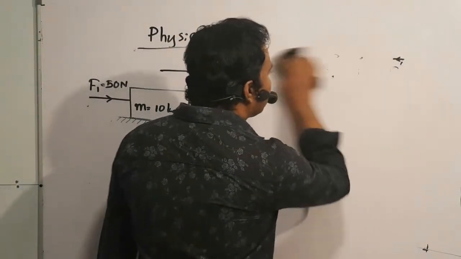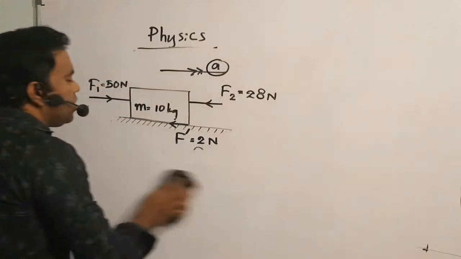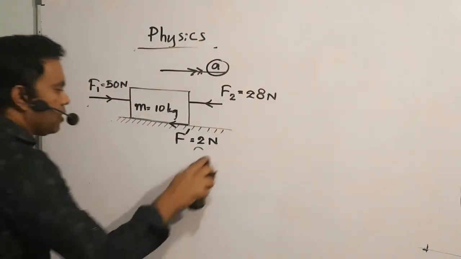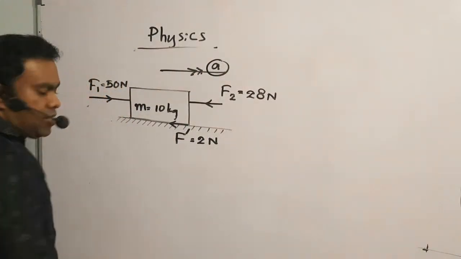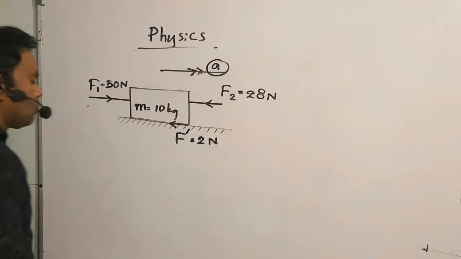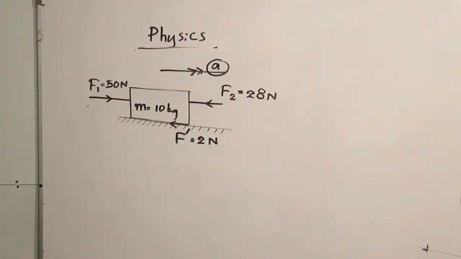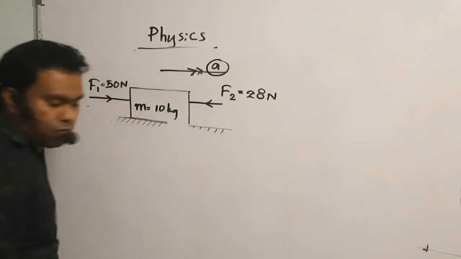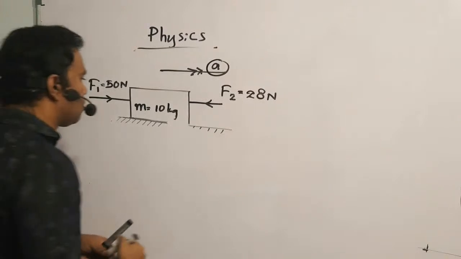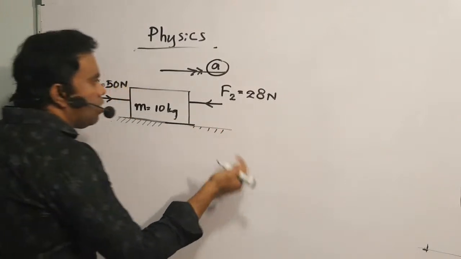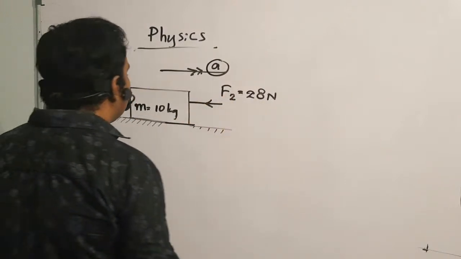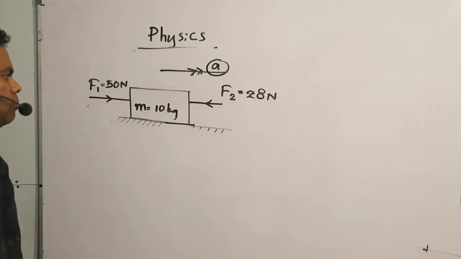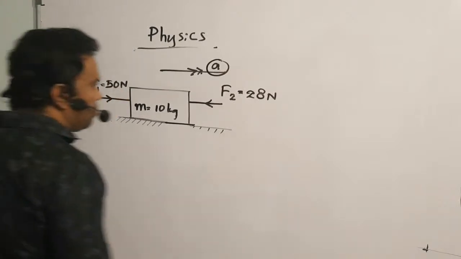Okay, the same question may appear in your exam in a different way. Look at this. Simplify this somewhat. In your question, you will be given: surface is smooth.